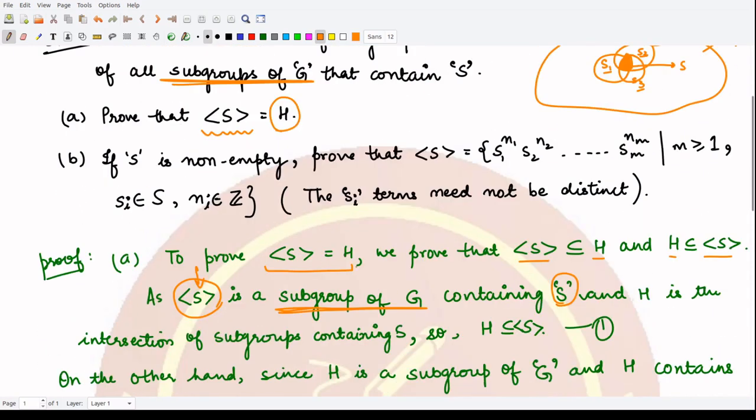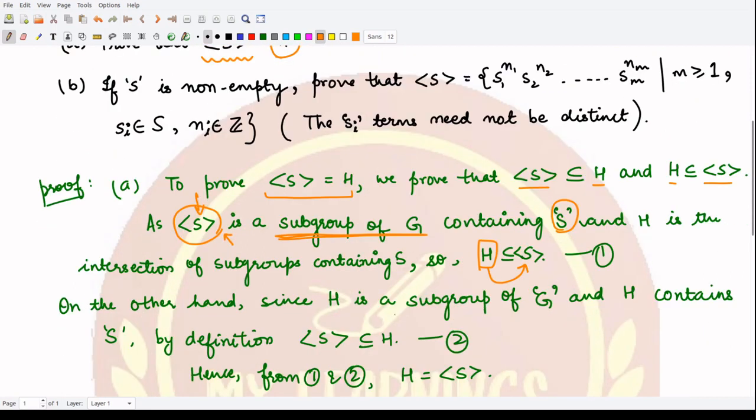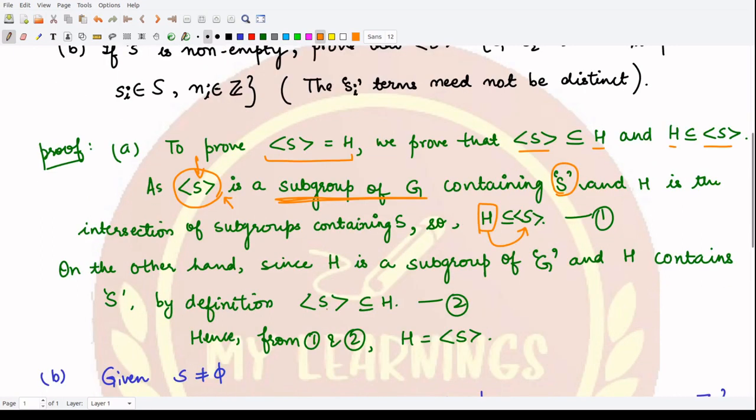Moreover, we know H is the intersection of subgroups which contain S. So definitely H would also be present here, because this is generated by S, and H is that intersection of subgroups containing S. On the other hand, H is a subgroup of G and H contains S. So by definition the subgroup generated by S would also be contained in H.